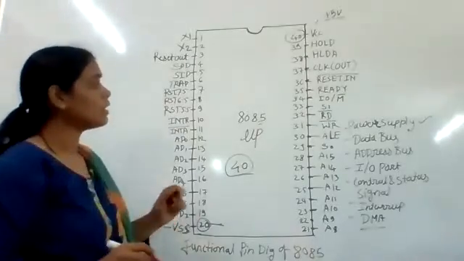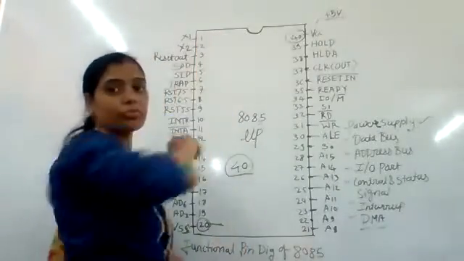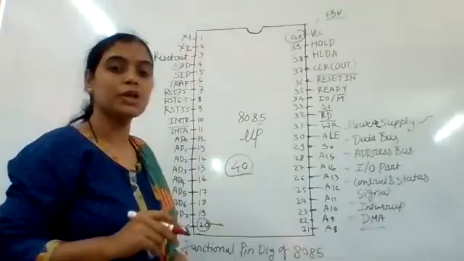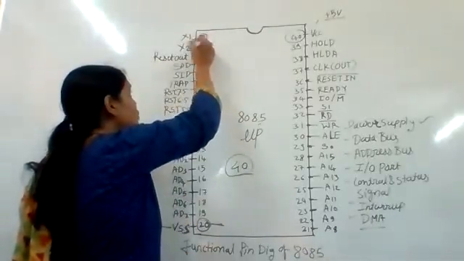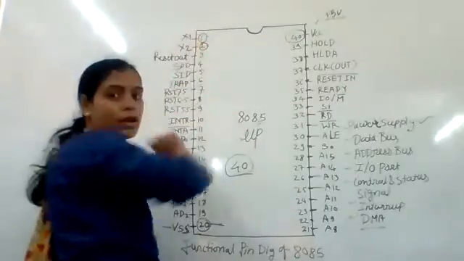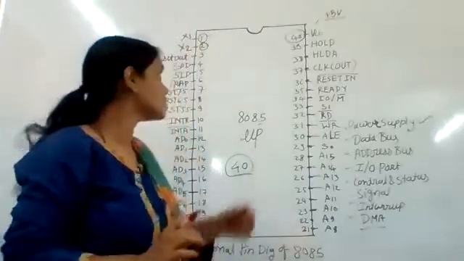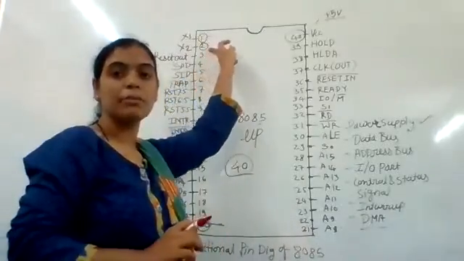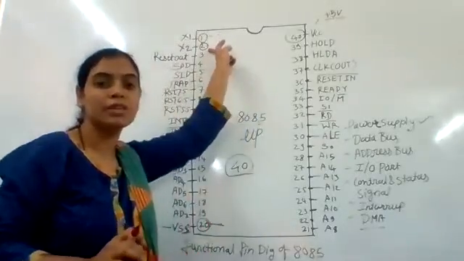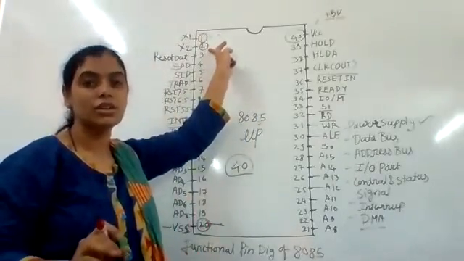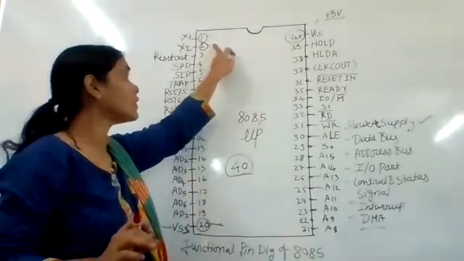Then the next pins of power supply and clock signals are X1 and X2, represented by pin number 1 and pin number 2 respectively. These two pins are connected with a crystal or LC network to maintain the internal frequency.